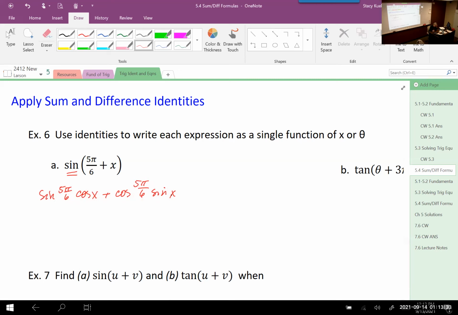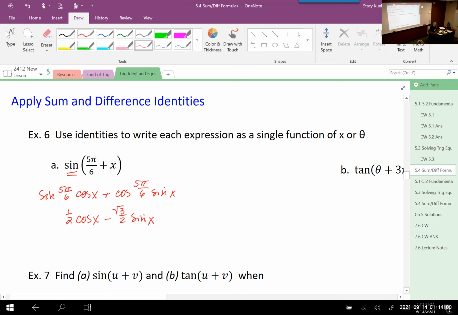Now we're just going to simplify it from here. The sine of 5 pi over 6 is 1/2, right? So I would have 1/2 times the cosine of x still. And the cosine of 5 pi over 6 is negative square root of 3 over 2 times the sine of x that I had.